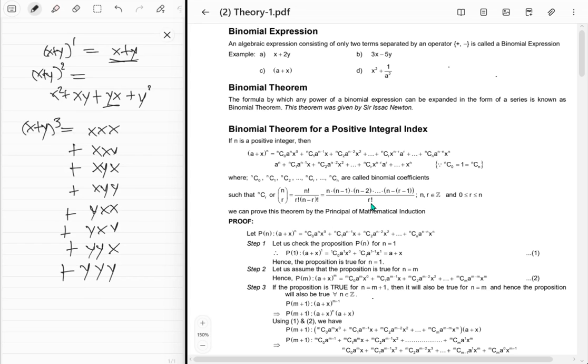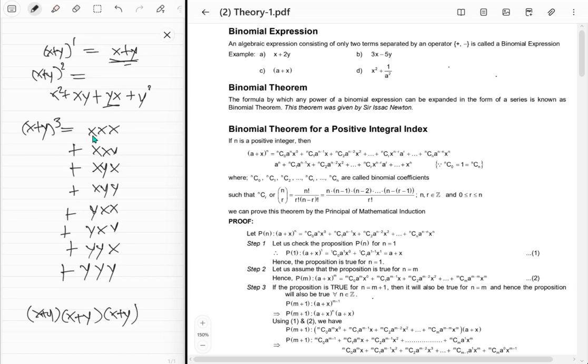So now notice this thing, every single term from here is basically made by taking either x or y from each of these multiplications that we did. What do I mean by that? So (x plus y) cubed is just (x plus y) into (x plus y) into (x plus y), right? Now to get (x plus y) squared, what you had to do is you had to multiply this thing by first x and then y.